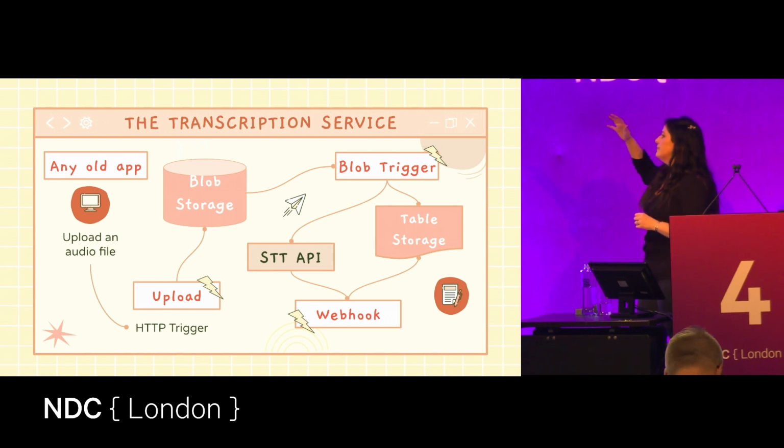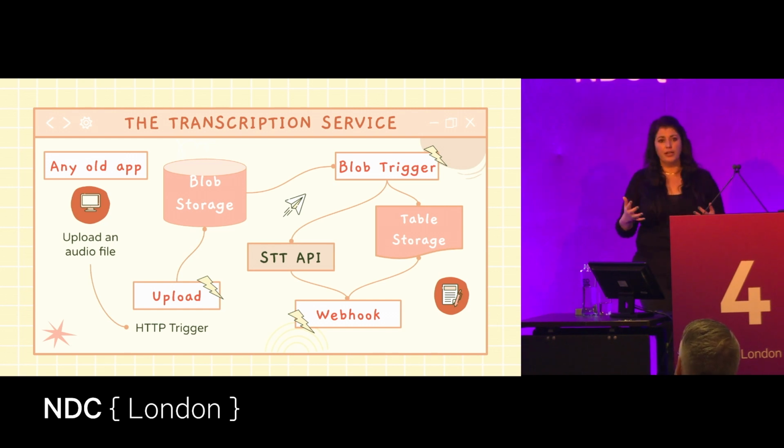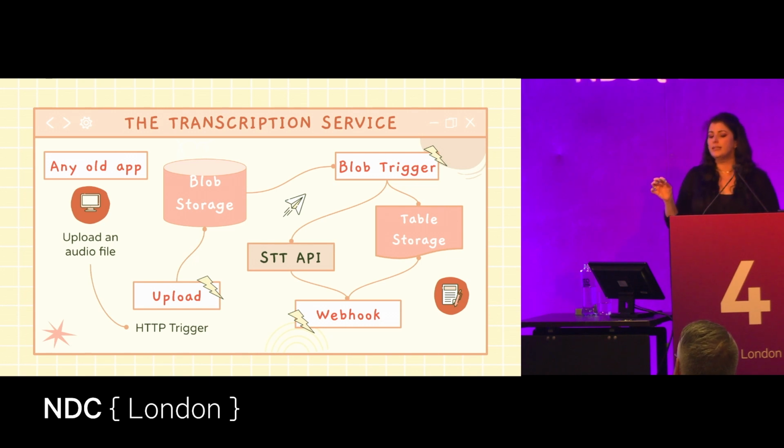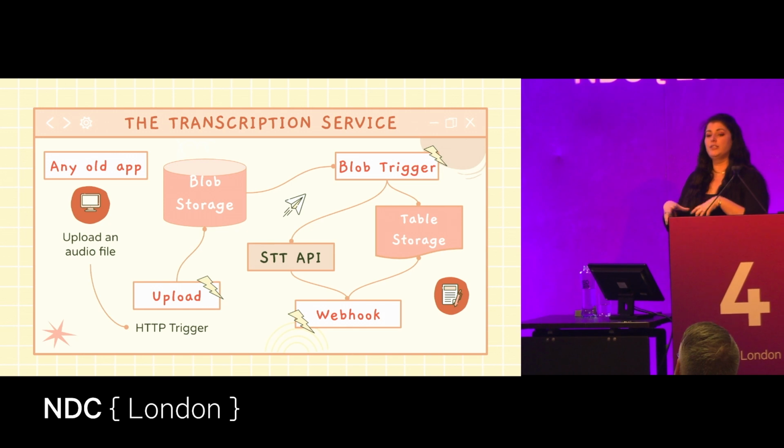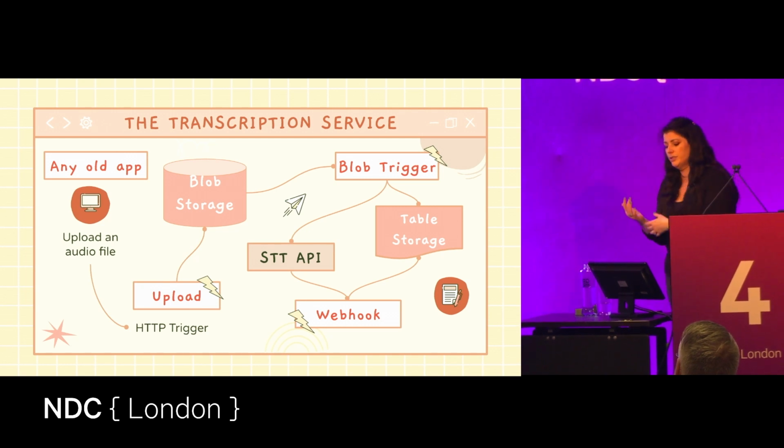Now, what we have is a blob trigger. The blob trigger is another type of function that's listening to a particular blob container to be updated. It will match on the file name that you use, and when that new blob item comes in, it will do whatever you have specified to do with it.